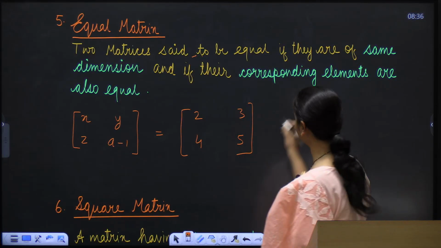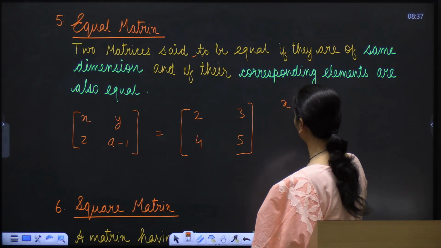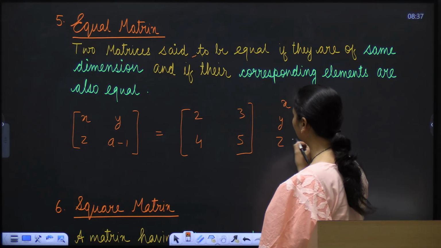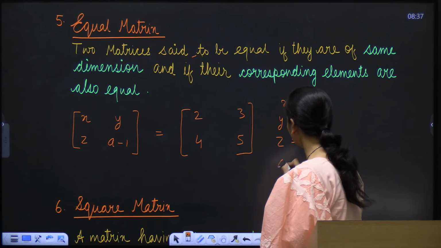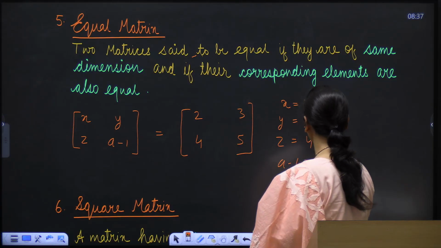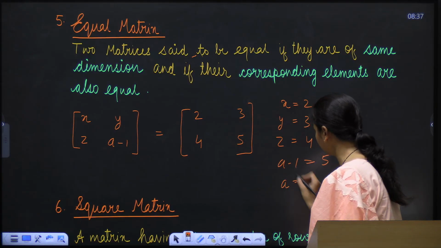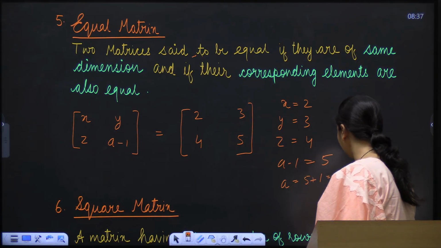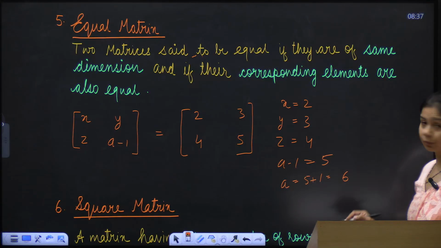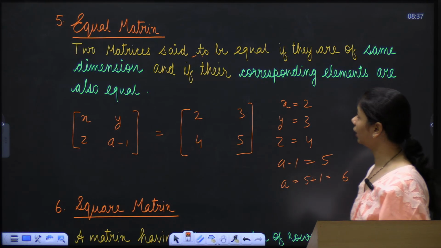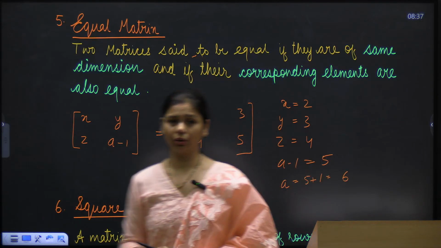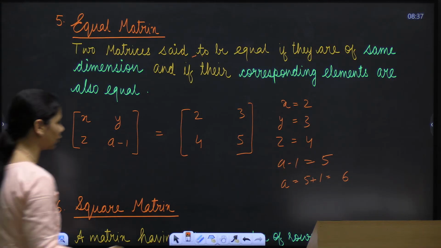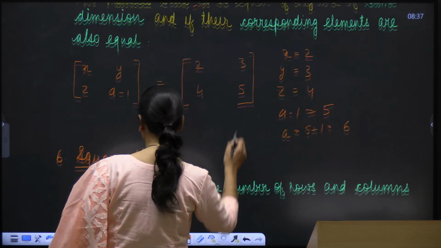Here X will be equal to 2, Y will be equal to 3, Z will be equal to 4 and A minus 1 will be equal to 5. By solving this, A will be equal to 6. So equal matrices are those whose dimensions are the same as well as their corresponding elements are equal.